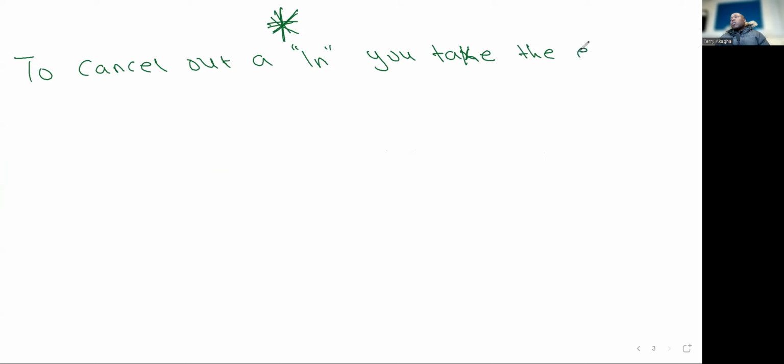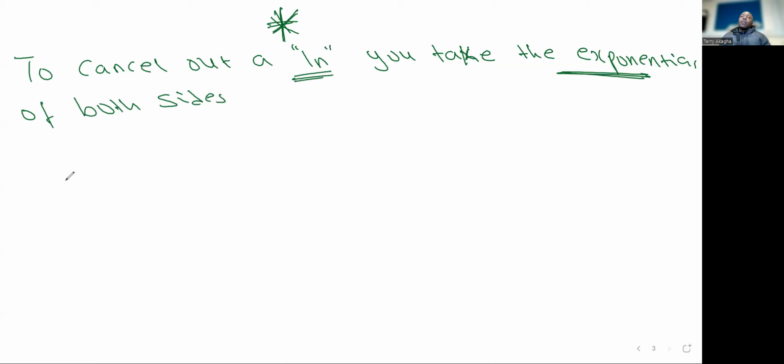So to cancel out a ln, you take the exponential of both sides.